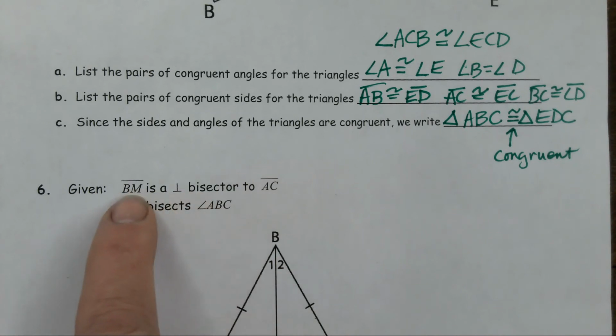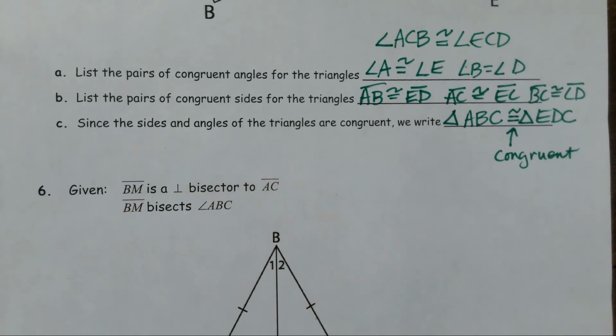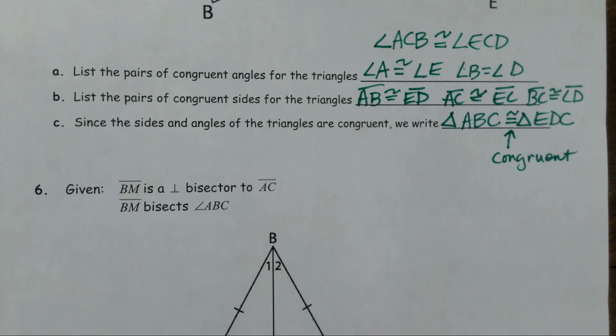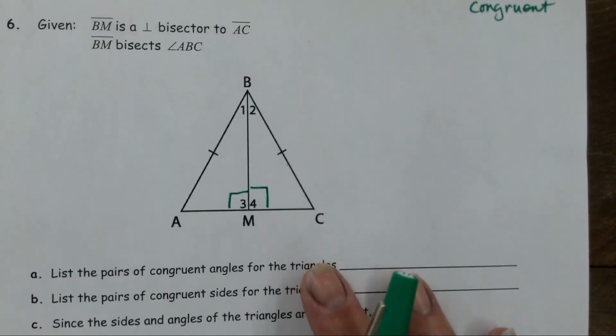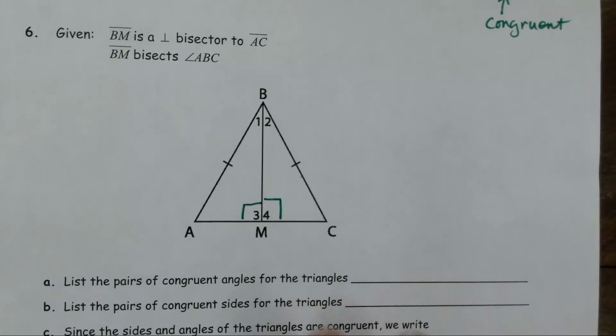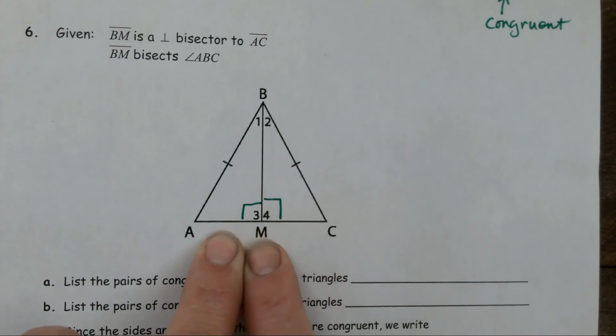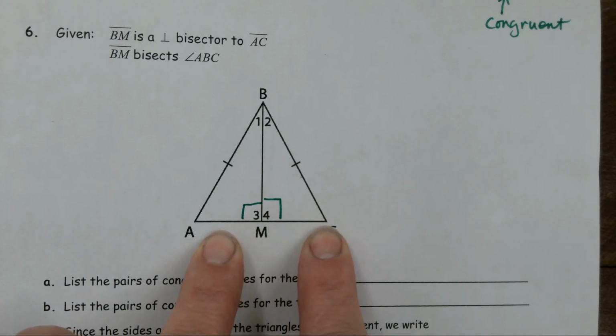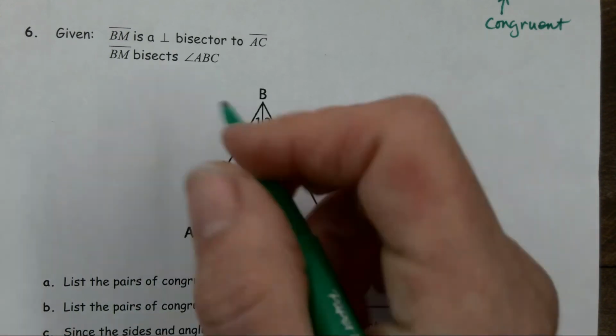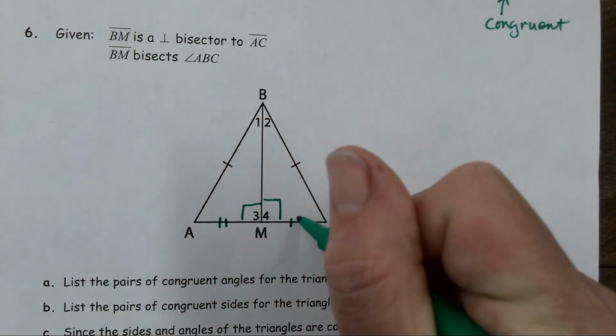They say BM is a perpendicular bisector, so if BM is a perpendicular bisector, angle 3 and angle 4 are both right angles. That's what perpendicular means, okay? What does the bisector part on that mean? Yep. So that makes M the midpoint. Yep. And so I know AM and MC are congruent to each other as well.